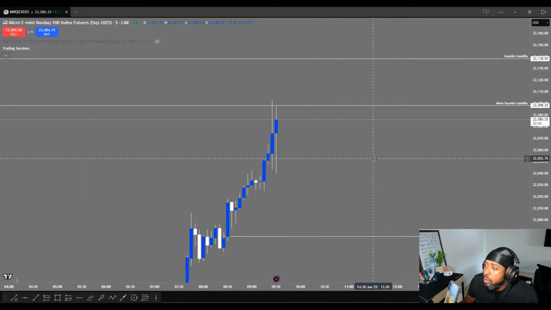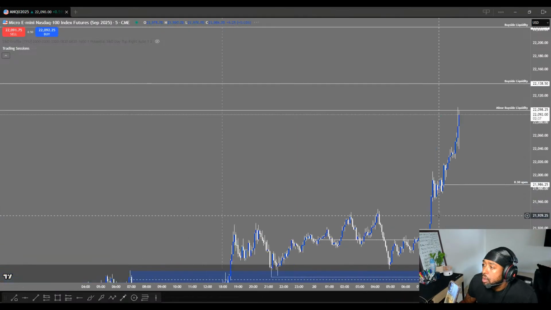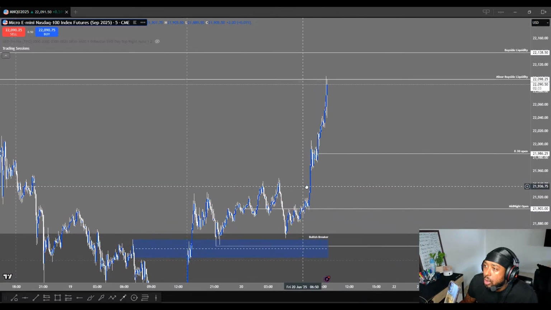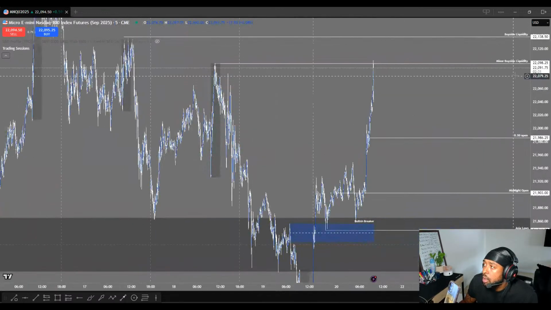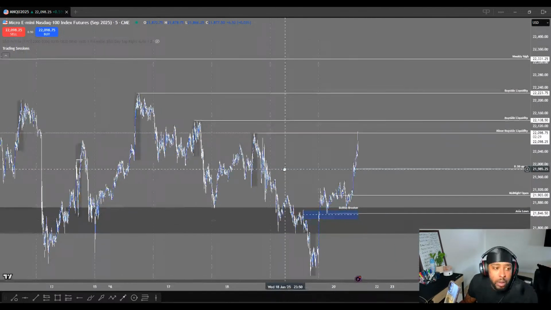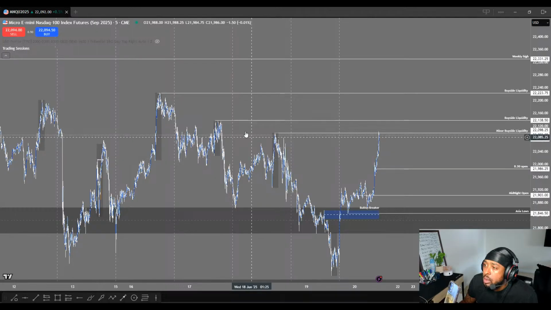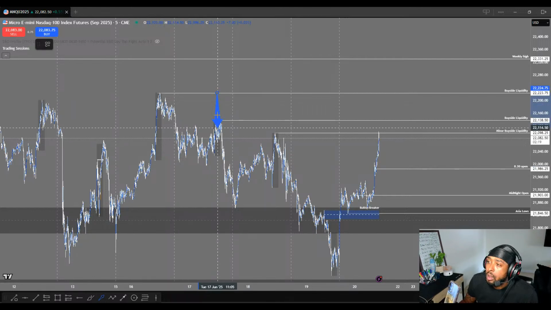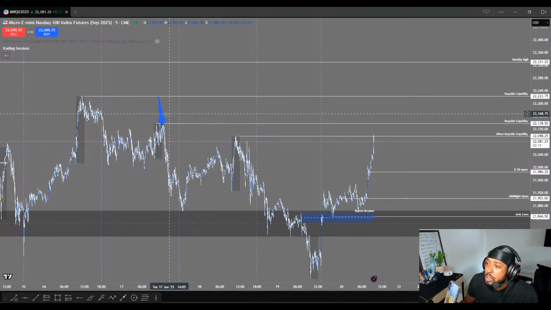It's a 5-minute chart right here. We've just been going literally one way. So you see we got liquidity up here and up here. I'm pretty sure this is going to be the target for today. Right, this is what I'm expecting.